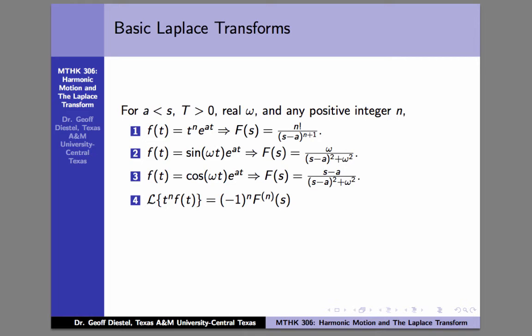Generally, a power times any function is negative 1 to the power n, so if n is odd, it's negative, and if n is even, it's positive, times the nth derivative of the Laplace transform of whatever that function lowercase f is. Now, there's a kind of inverse to that one, which I'm noting, but you may not run into needing to use it.